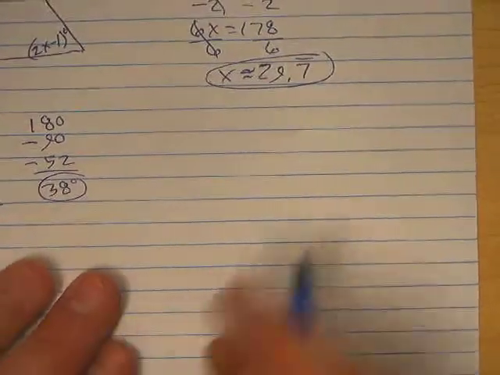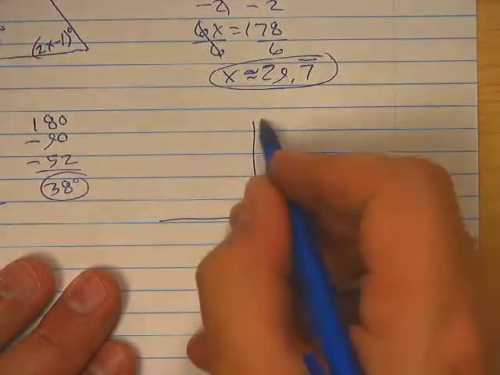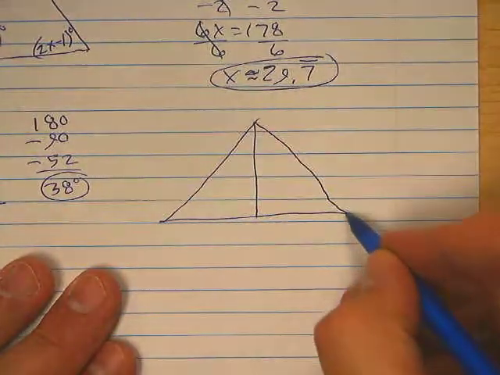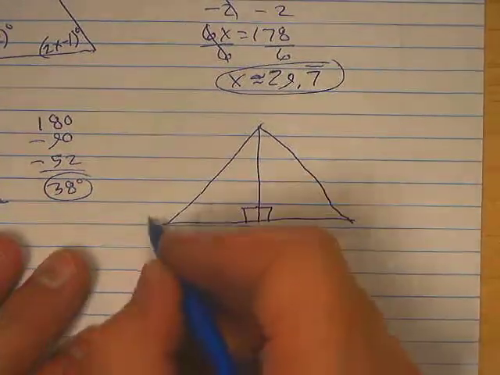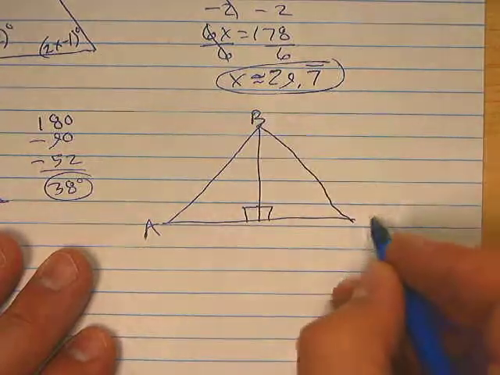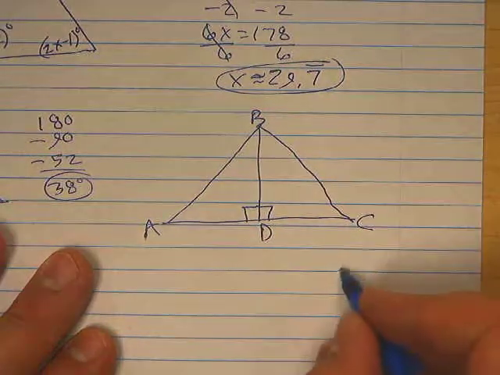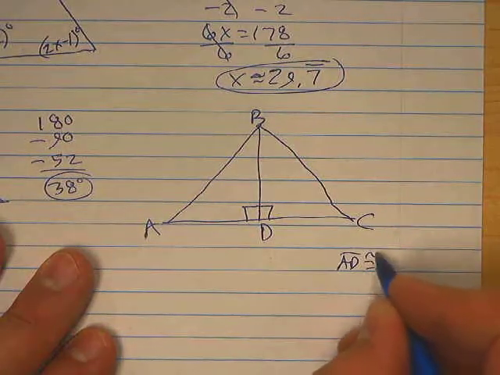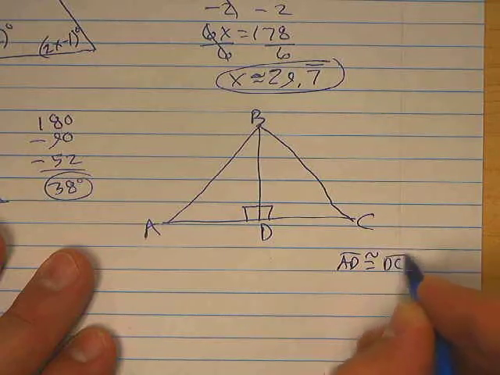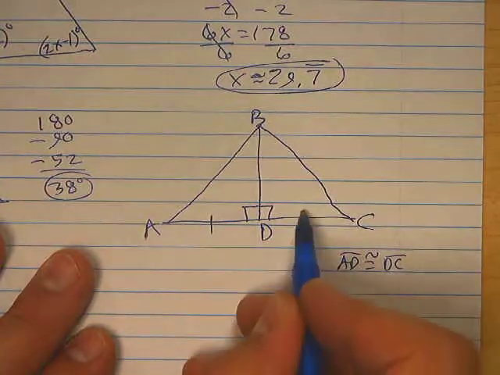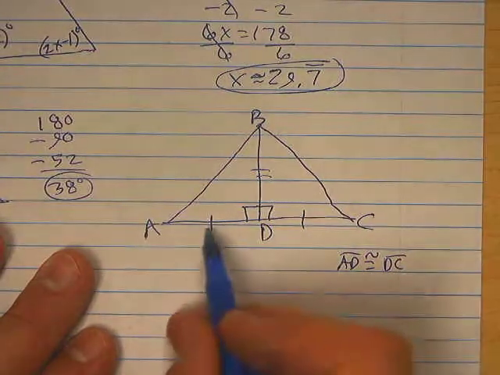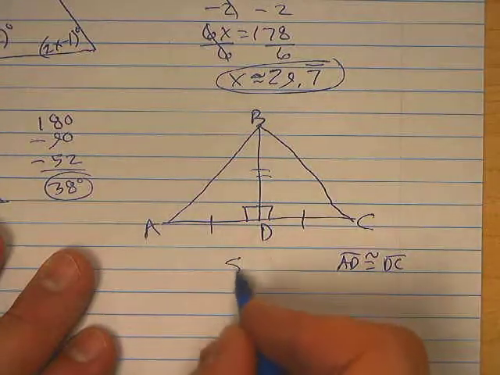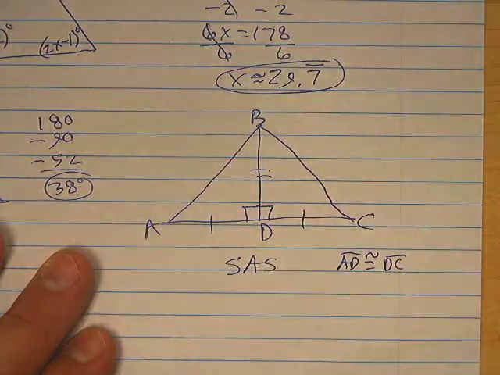Okay. Next, I have a triangle that's like this, and let's say these both happen to be right triangles. And we'll label this A, B, C, and D. Let's say it tells us AD is congruent to DC. Well, that means this side's congruent to this side, and obviously they share a side in the middle.